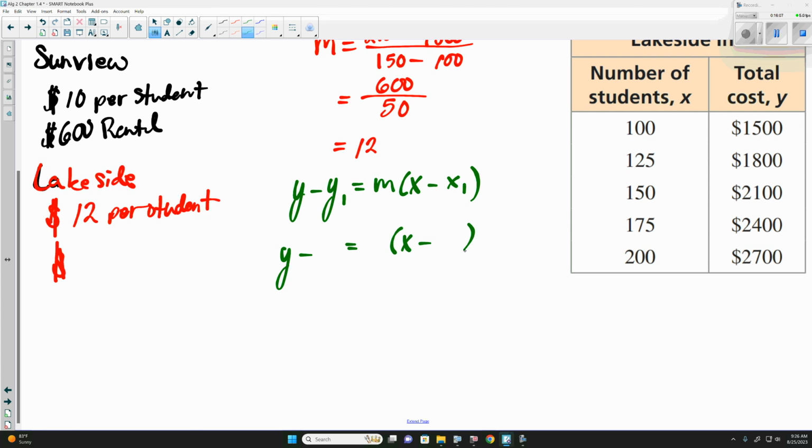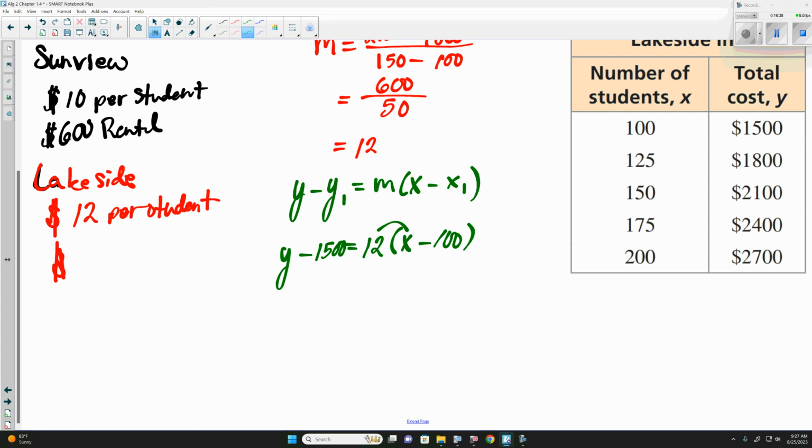Now the slope, m, we just found is 12. Now we just need to pick a point. So we can use the top one, 100 for x, and 1500 for y. If they were wanting us to keep this in point slope form, we'd be done. But we want to get it back into y-intercept.